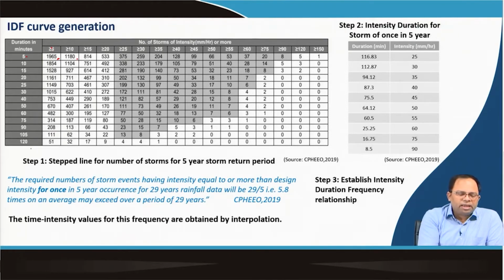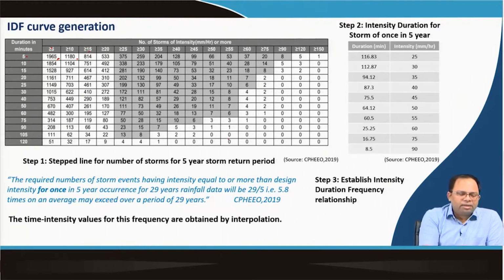Going along the same lines, intensity greater than 10 millimeter per hour was observed for 32 events of 120 minutes. For 2 hours duration of rainfall, there were 17 events where we observed intensity greater than 15, and so on.